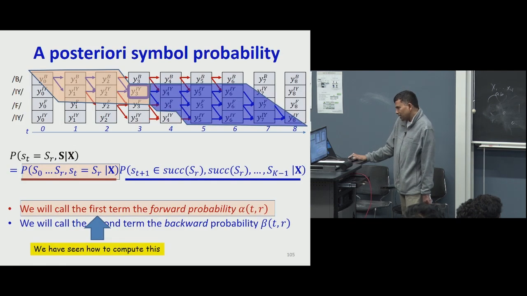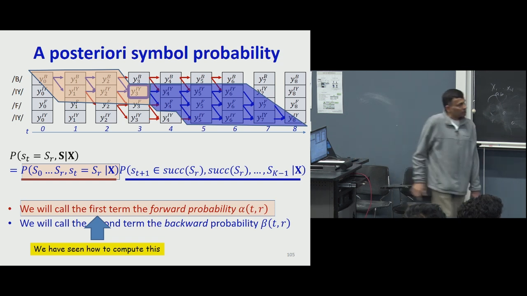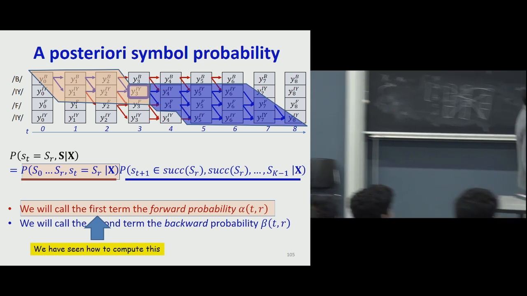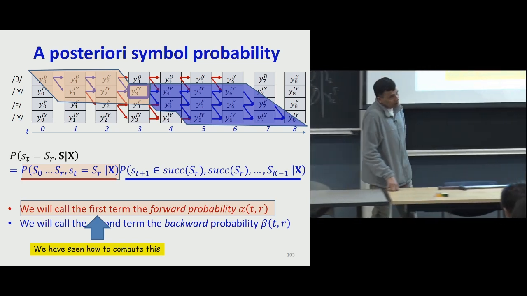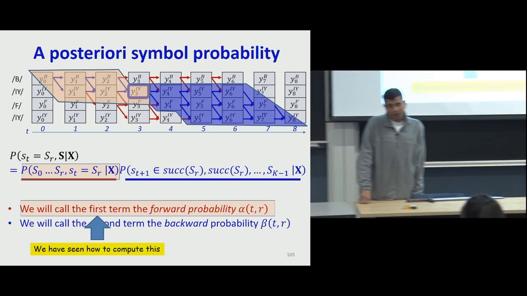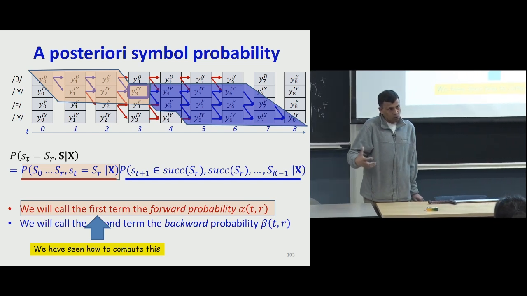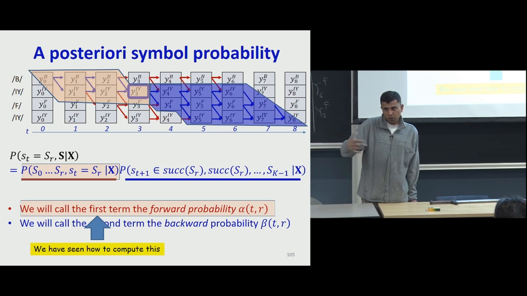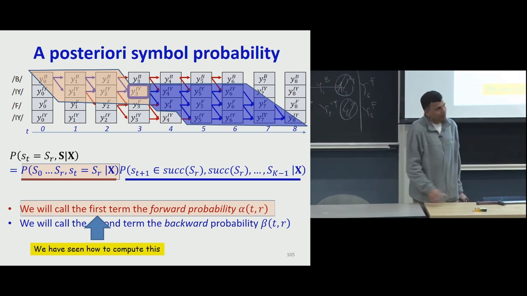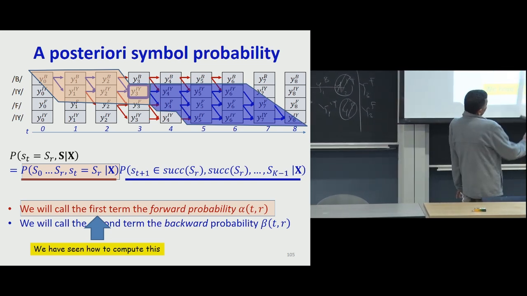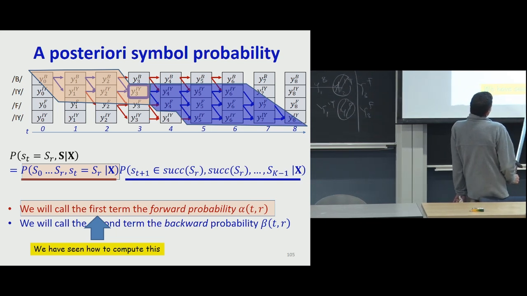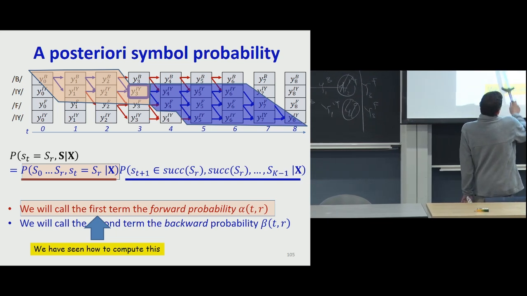But what we've done in the process is to actually compute this first term. We decompose the total probability of the shaded graph into two factors. One is the orange shaded portion, one is the blue shaded portion. And we've computed the probability of the orange shaded portion, which we've called alpha t, which is this first guy, right?